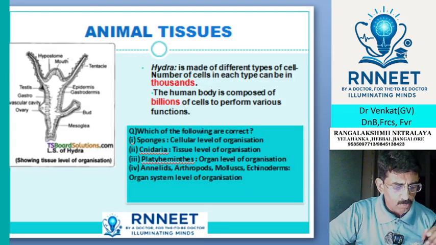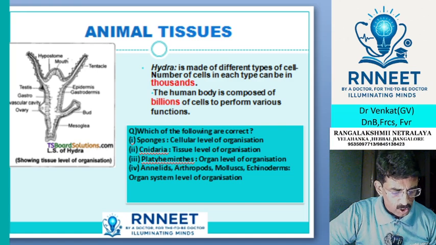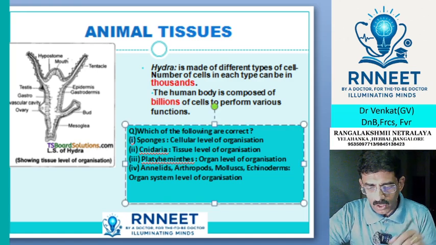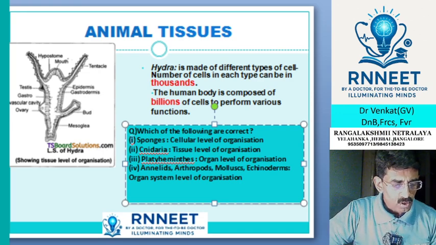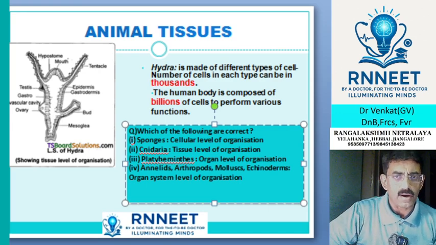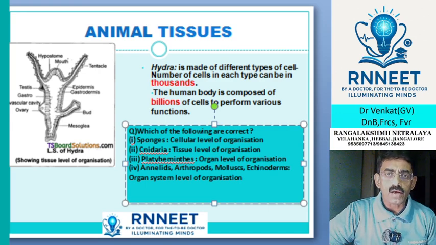We'll go to the next important part, which is basically your animal tissues, the next portion which you see here. For example, a simple thing like hydra. Now hydra is made up of different types of cells.